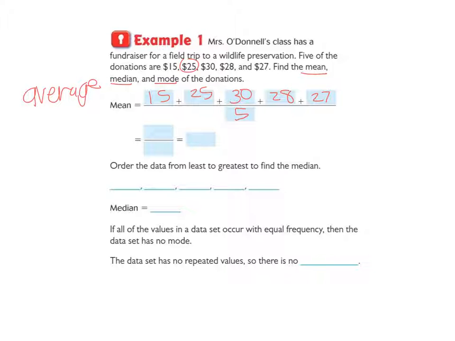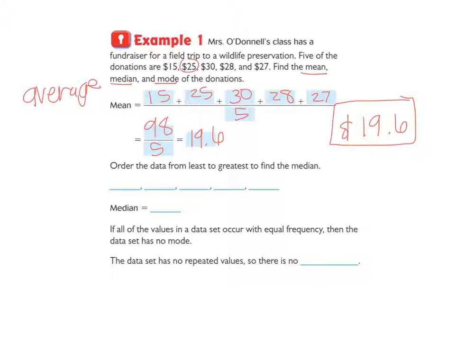Add all these numbers up. And these numbers add up to 98. And when you divide 98 by 5, it gives you an average of 19.6. Now remember, we're looking at dollars, so it's $19.6 is our mean, not our median.